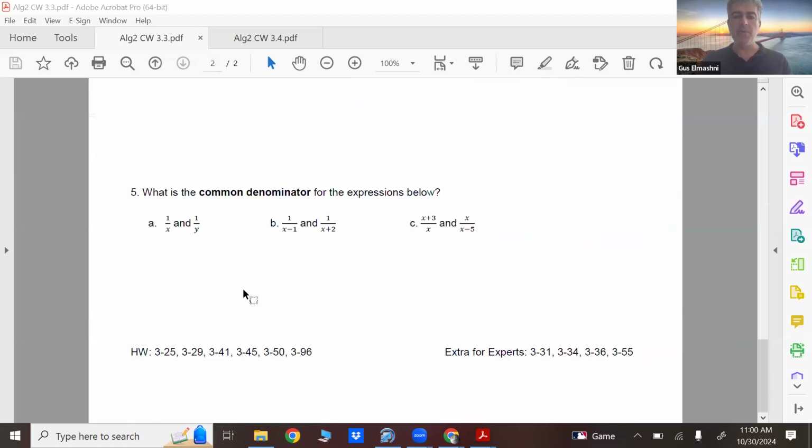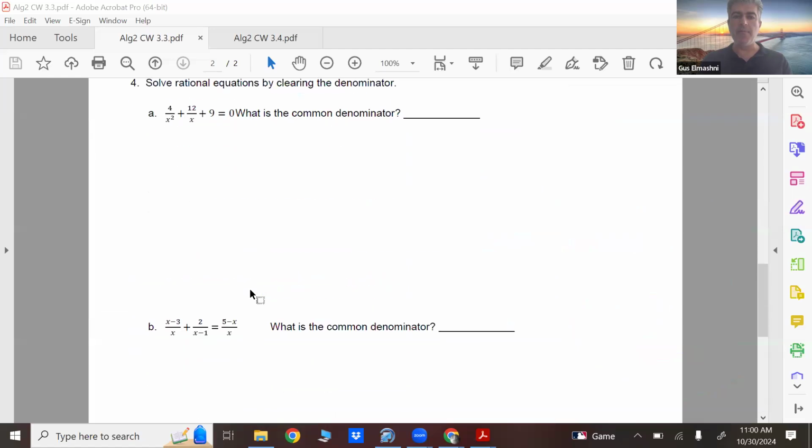Okay, we'll do a couple more here, and then we'll have to move on to the next set of notes because we have to speed things up here. What's the common denominator here? This is kind of tricky. First of all, what are each of my denominators? The first fraction is what? X squared. What's the second denominator? What's the third denominator? If you don't see one, you see one, right?